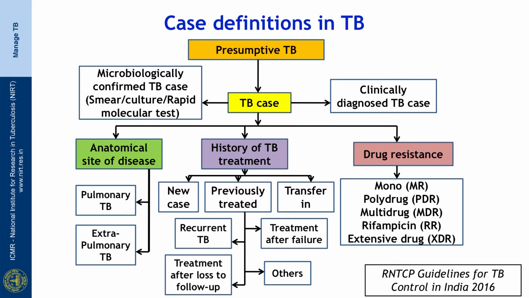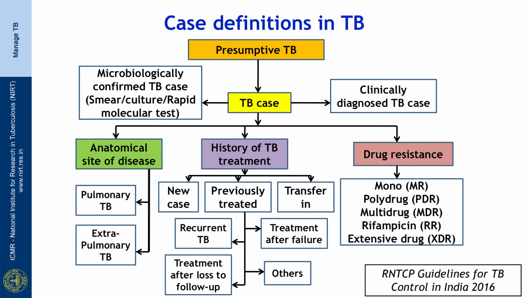Where drug resistance is known, the sensitivity pattern is known, this could be someone with monodrug resistance or polydrug resistance, which is non-rifampicin, non-INH resistance to other drugs, or it could be rifampicin resistance, or someone who could have XDR or extensive drug resistance, which means you are resistant to rifampicin, INH, injectable and fluoroquinolone. This is the way we define our TB cases.